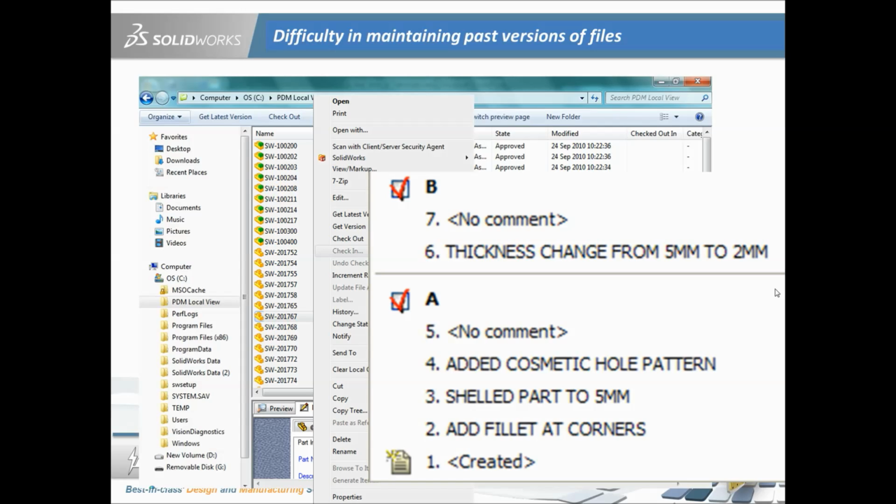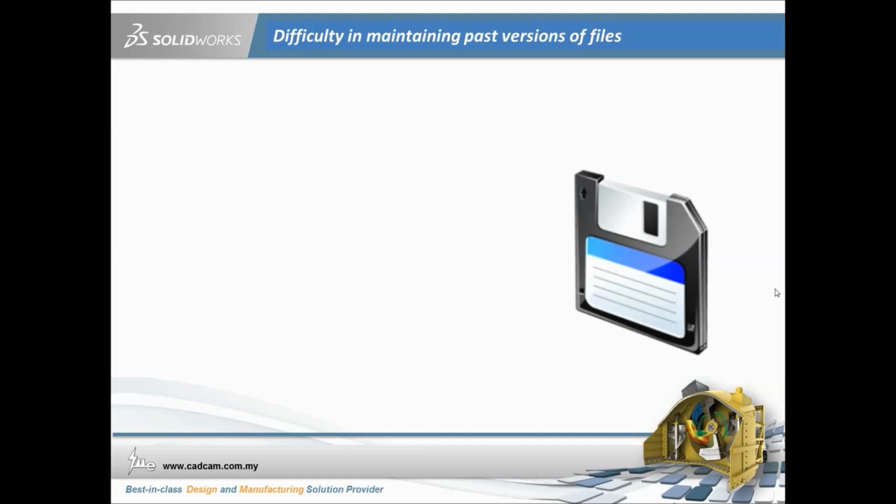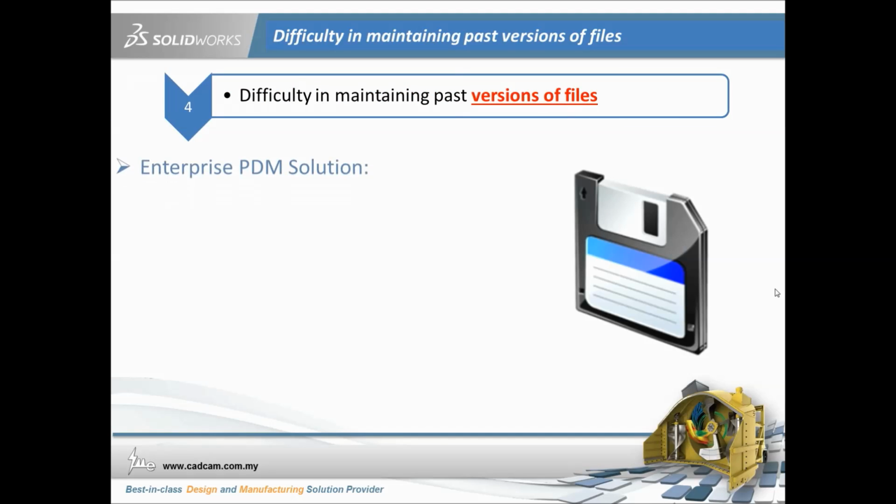Many users with 3D CAD such as Solidworks, or files like Microsoft Word, find it very hard to save previous versions. Therefore, we have defined this as a very difficult issue and a common problem in our office.